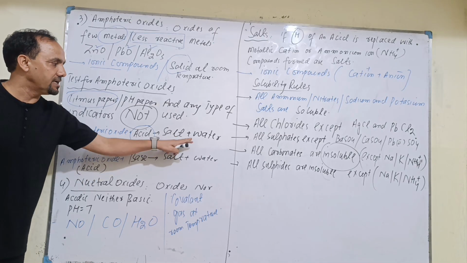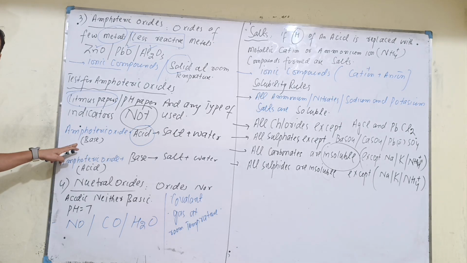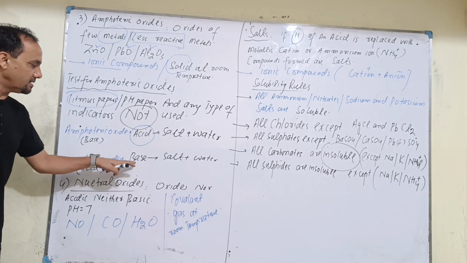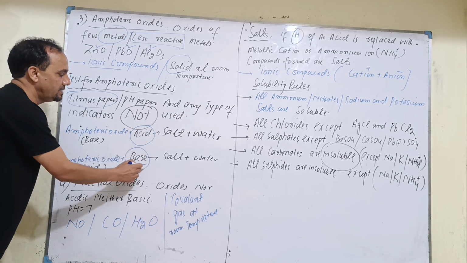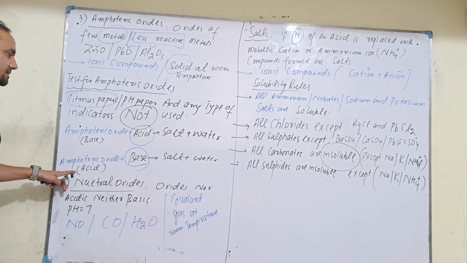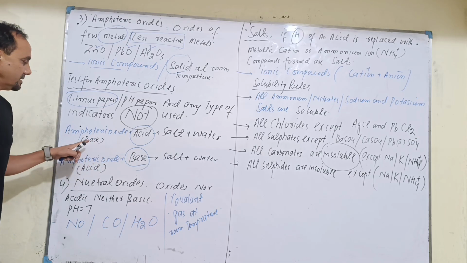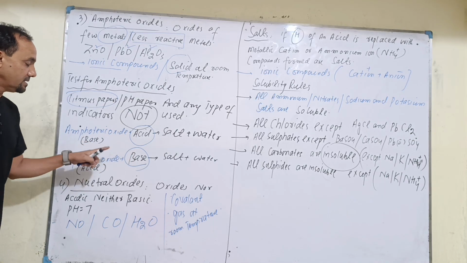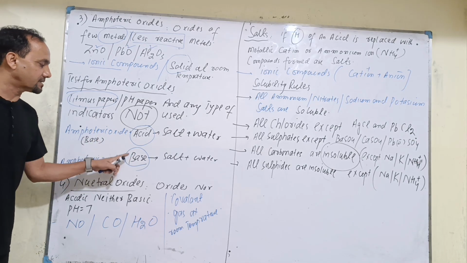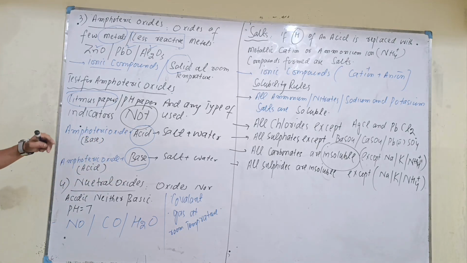It means the reaction is an acid-base reaction, so the other should be base. And in the other reaction, we already know that one compound is base, so the other should be acidic. So when amphoteric oxide reacts with acid, it behaves like a base. When that amphoteric oxide reacts with base, it behaves like an acid.